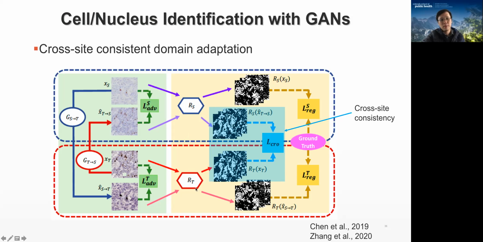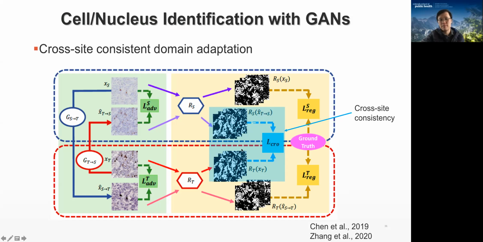So if we apply this target model to the real target images, and we also apply the source domain model to the transformed target images, the prediction should be similar or the same, because during image transformation, the content should be preserved. Only the style will change, the color or texture will change, but the content, or semantic information, should be preserved. So that's the motivation for this cross-site consistent loss.